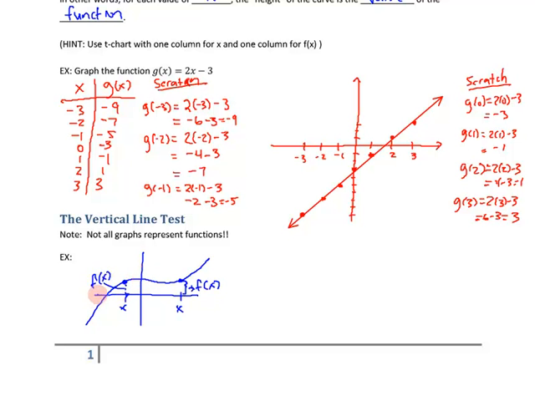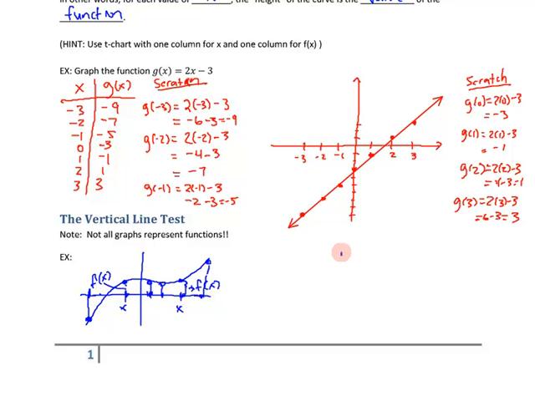So no matter where I go, if I go here, or here, way over here, or somewhere back over here, there is exactly one height that corresponds with each of those x values, each input that I have on the x-axis.